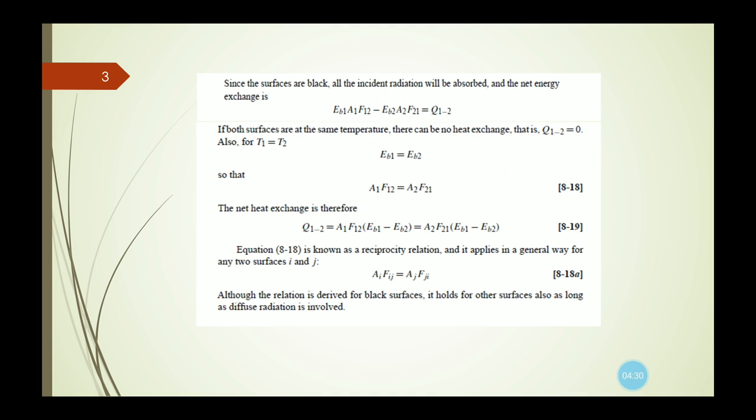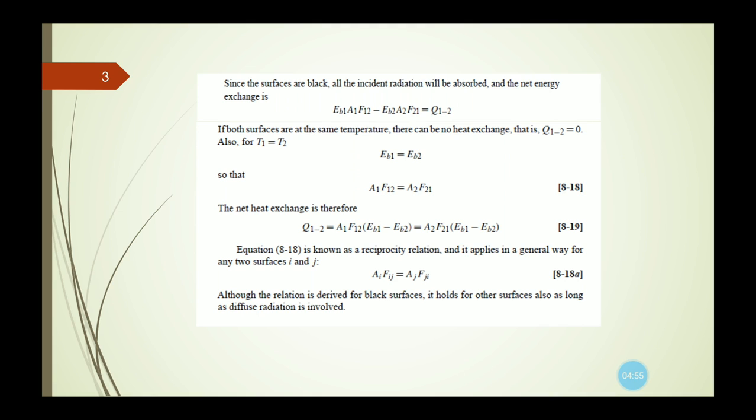And if we put this condition in the above relation, we get A1 F12 equals A2 F21. Now, this relation is actually known as the reciprocity relation, that is A1 F12 equals A2 F21.